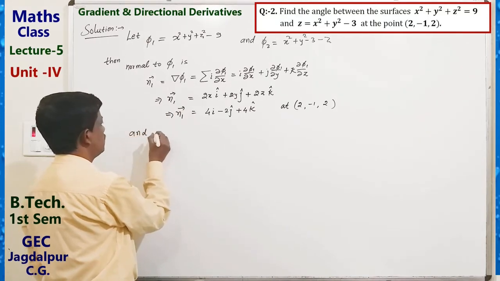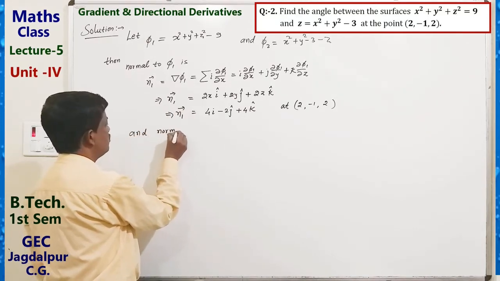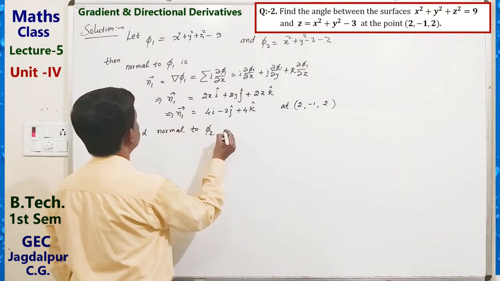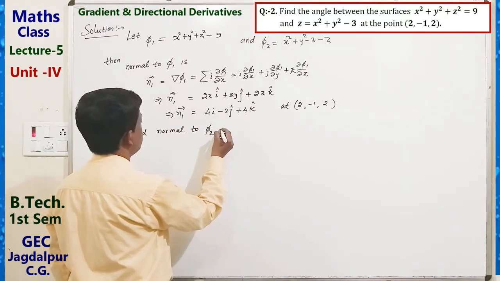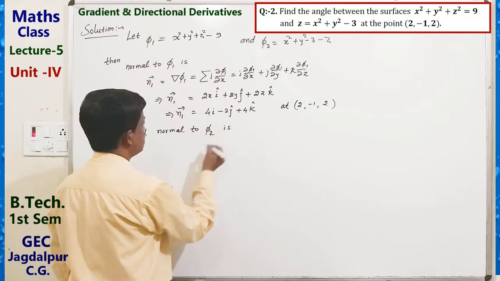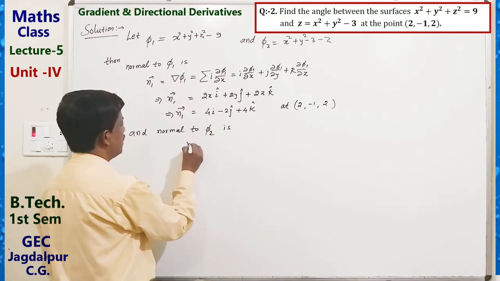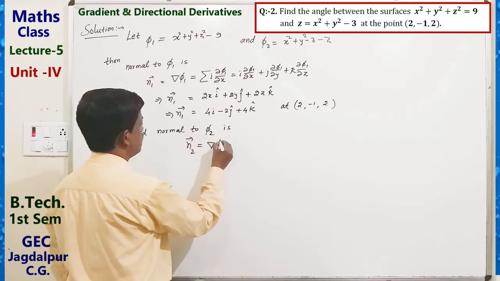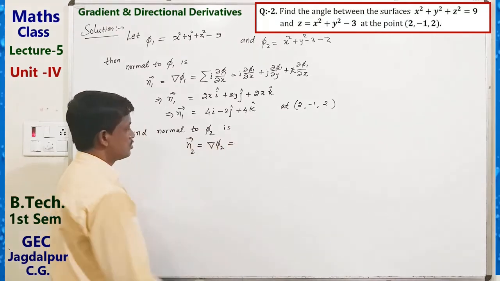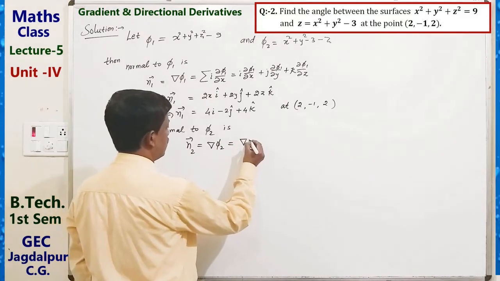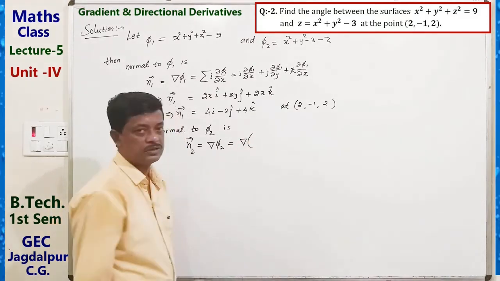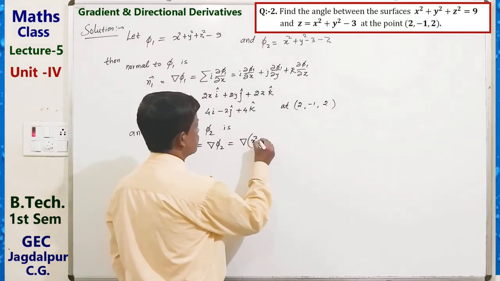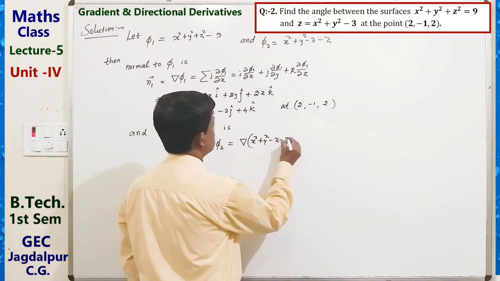And the normal to phi 2 is n2, which is del phi 2. So del phi 2 means x square plus y square minus z minus 3.